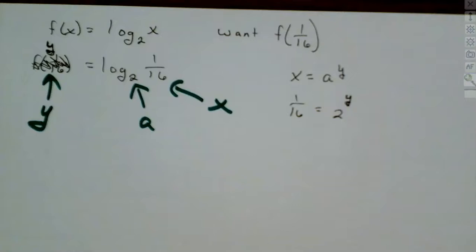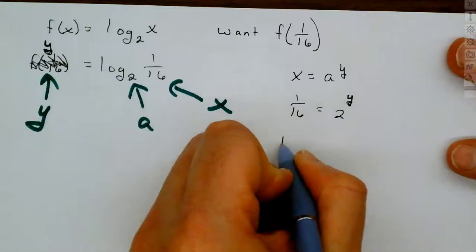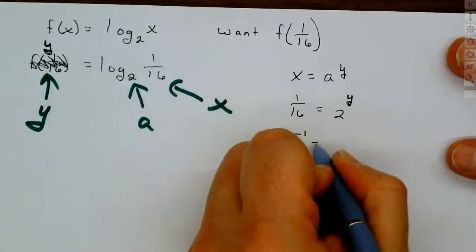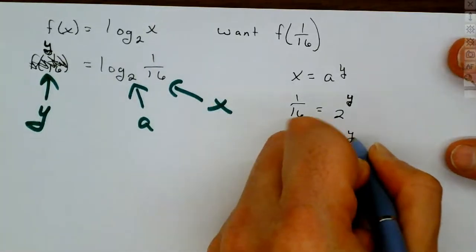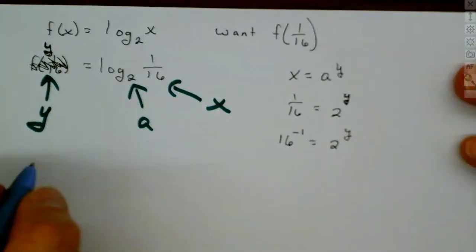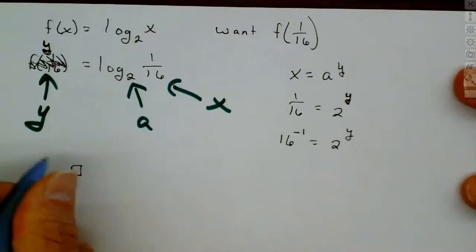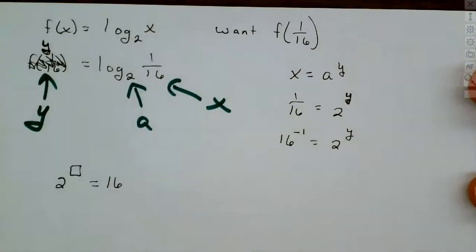Now, we solved these before. First thing I want to do is get rid of the fraction. So I can rewrite this as 16 to the negative first. So that's my first step. Make it a whole number instead of a fraction. Now, what do we know about the 16? 2 raised to what power gives me 16?